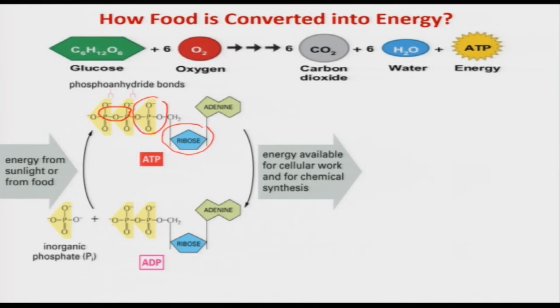You see 2 phosphates, phosphate 1, phosphate 2, and another phosphate, Pi, inorganic phosphate, and it releases energy which we use for various activities all the time. And then when we generate energy, it is stored by converting ADP back to ATP, adenosine diphosphate to triphosphate. When we have more energy to store, the P-O-P bond is formed.